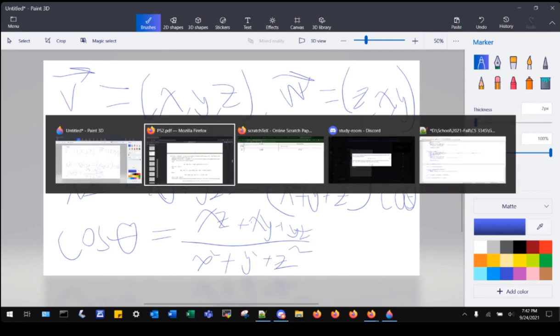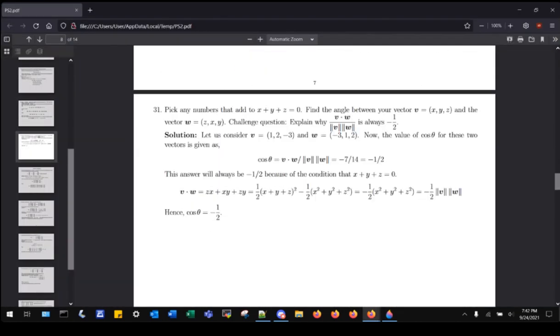I'm not sure. Oh, we want to find v dot w divided by... wait, what?